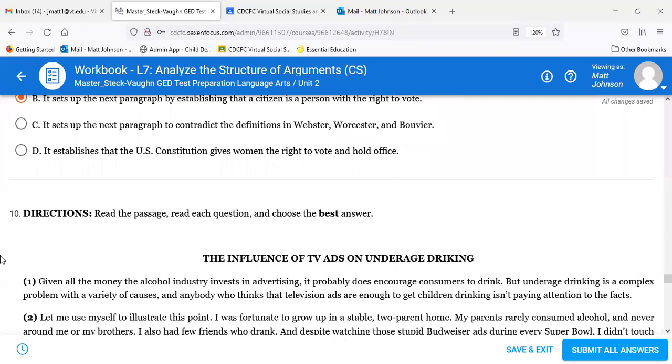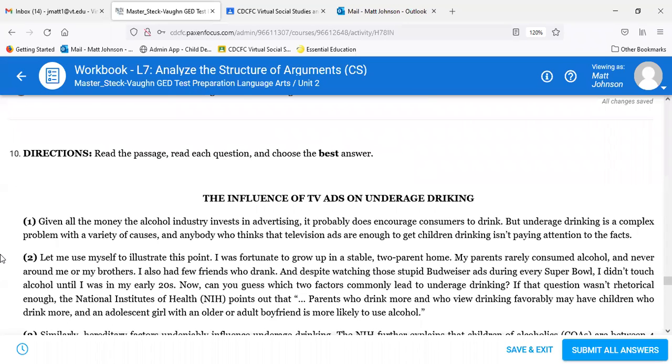The influence of TV ads on underage drinking. Given all the money the alcohol industry invests in advertising, it probably does encourage consumers to drink. But underage drinking is a complex problem with a variety of causes, and anybody who thinks the television ads are enough to get children drinking isn't paying attention to the facts.